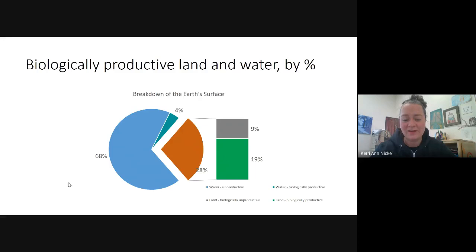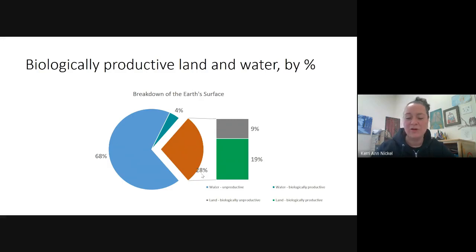If we break it down even a little bit more, the oceans and water sources are about 72%. 68% of it is unproductive, and 4% is ocean, where we get about 95% of our fish from. In terms of the land, land makes up about 28%.